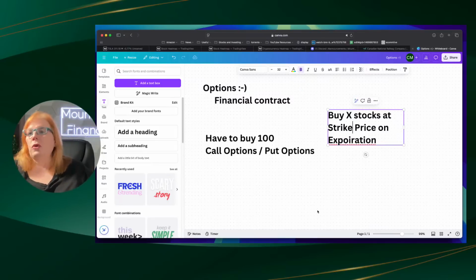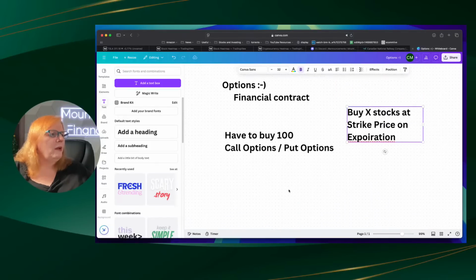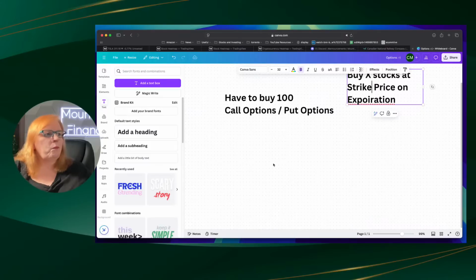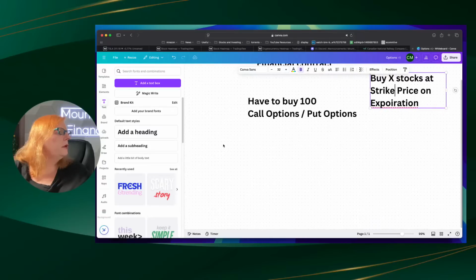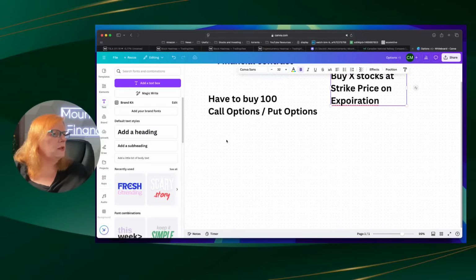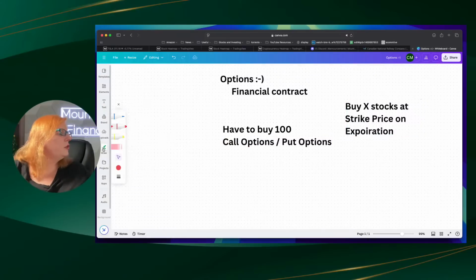So when you do an option, let's say, for example, you're running an option. I'm just going to use the draw tool for a bit here.